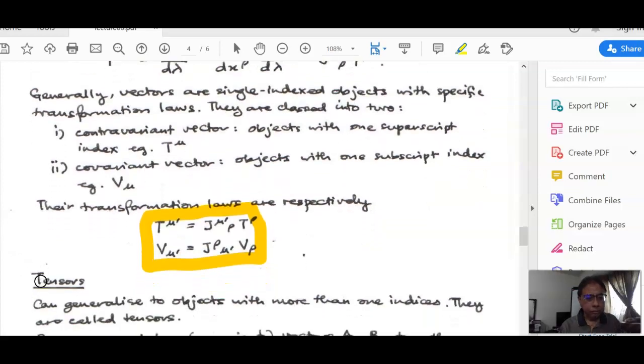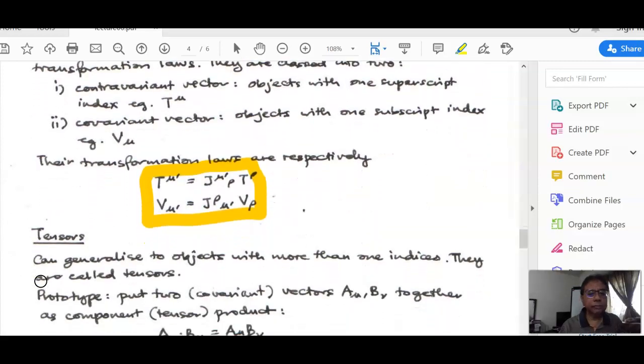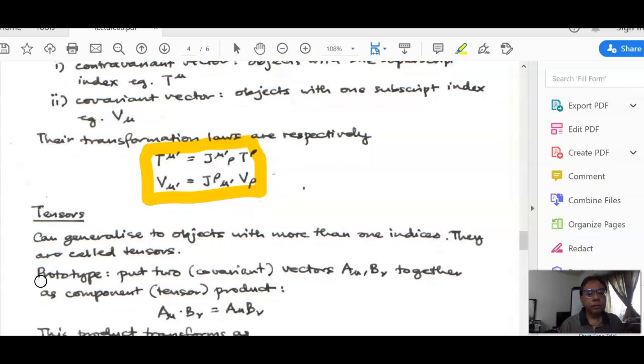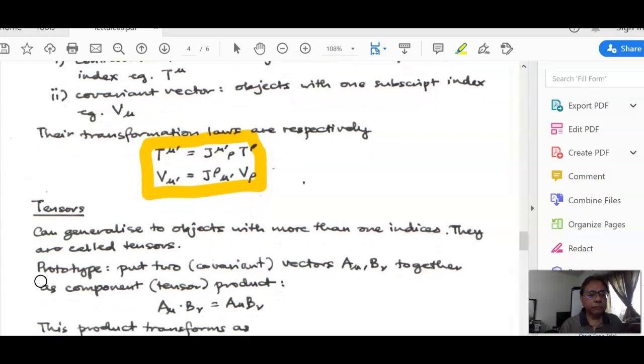So let's now move on to tensors. Remember, we think of vectors in a geometric form as a directed line segment.